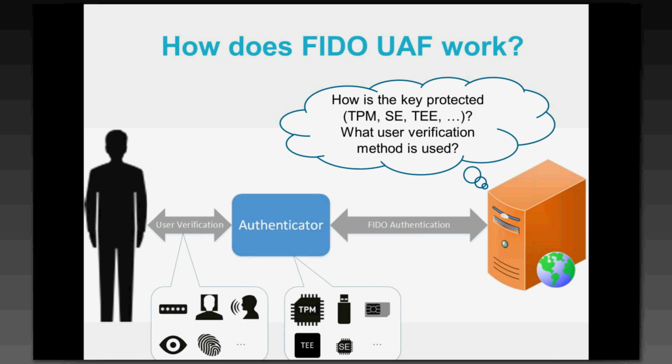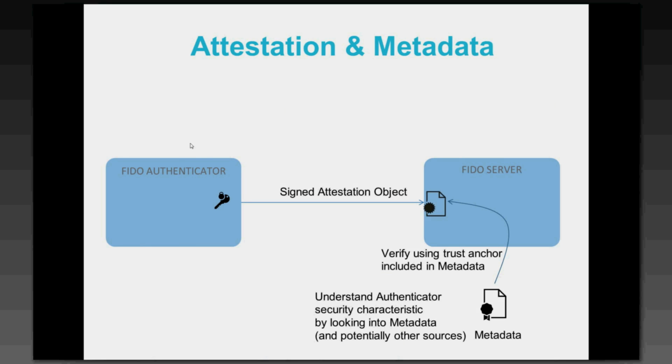Now, somehow the relying party is interested in that combination, in that method. And so we need some kind of attestation, so some way for the authenticator to provide a cryptographic proof to the FIDO server of the identity of that authenticator.